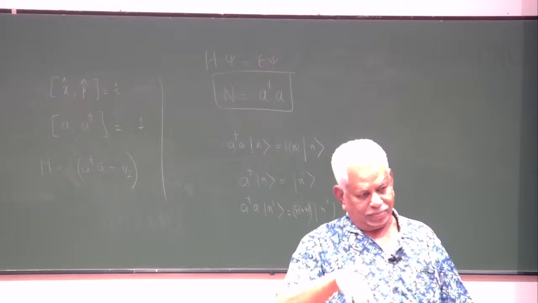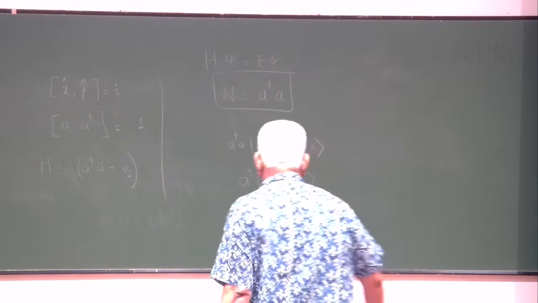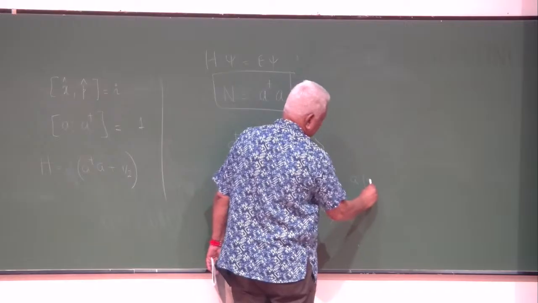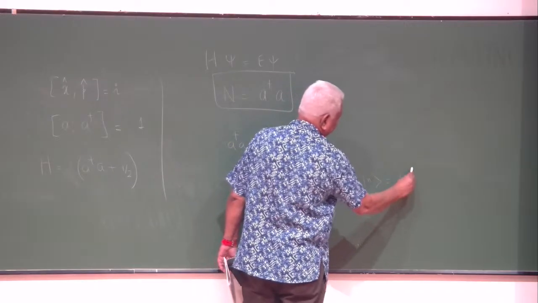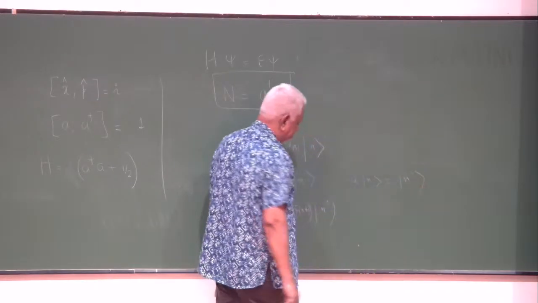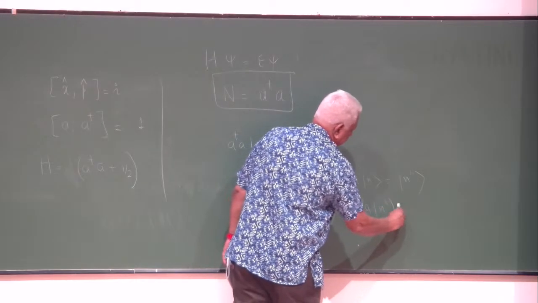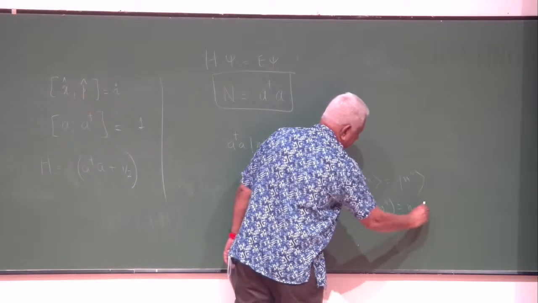What about A? A will do the opposite. A acting on n will give you n double prime, and A dagger A acting on n double prime gives n minus 1.